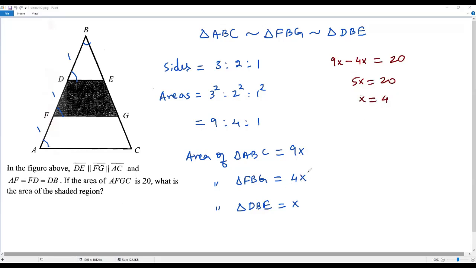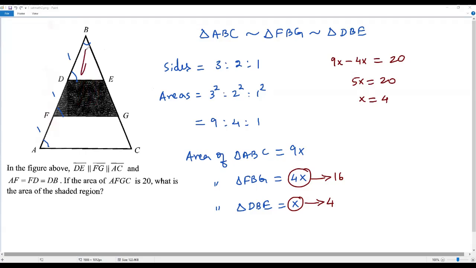Now I can plug in x equals 4 to get the area of the triangle FBG. When I plug in x equals 4, I'm getting 4 times 4, that is 16, as the area of the triangle FBG. And when I plug in x equals 4 for the triangle DBE, I'm just getting 4. Now I have the area of the triangle FBG and also the area of the triangle DBE.